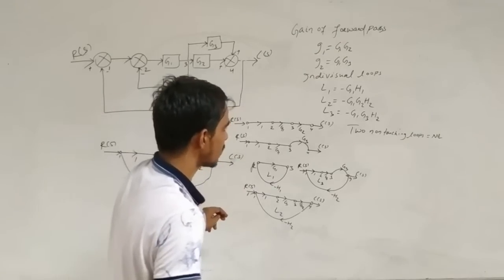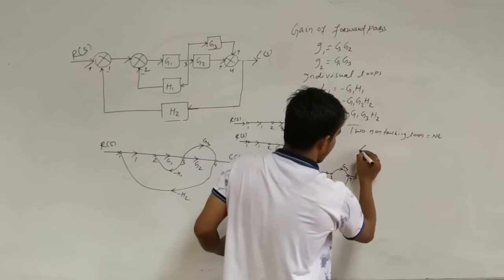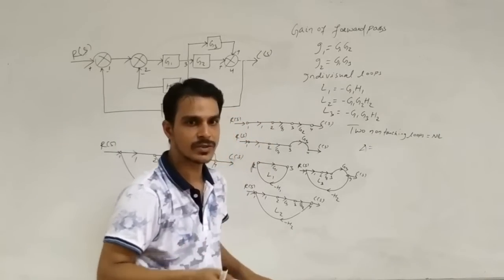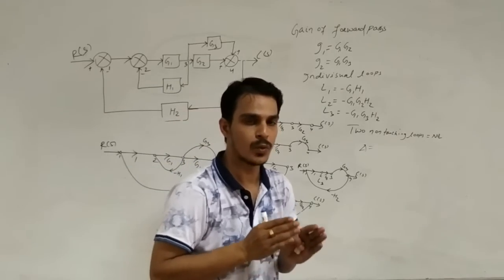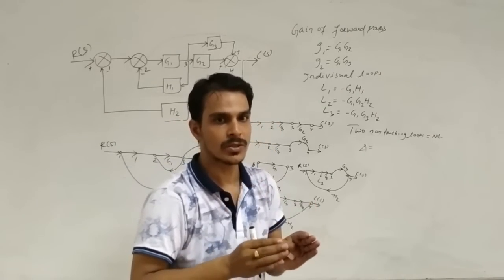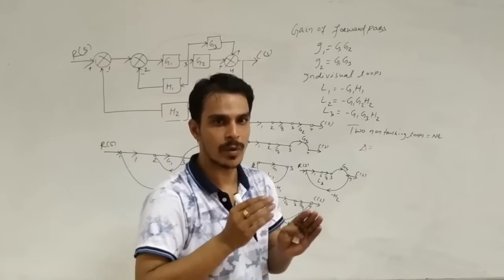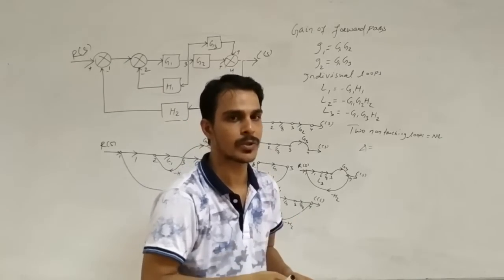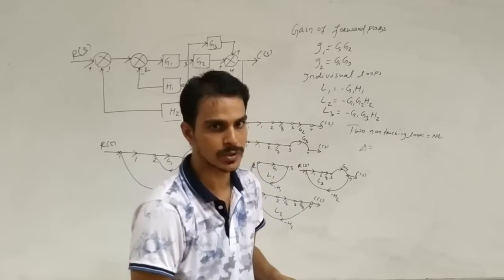Now we have to consider delta. Delta equal to what? Delta is 1 minus the sum of individual loop gains plus the sum of all possible gain products of two non-touching loops minus the sum of all possible gain products of three non-touching loops plus so on.